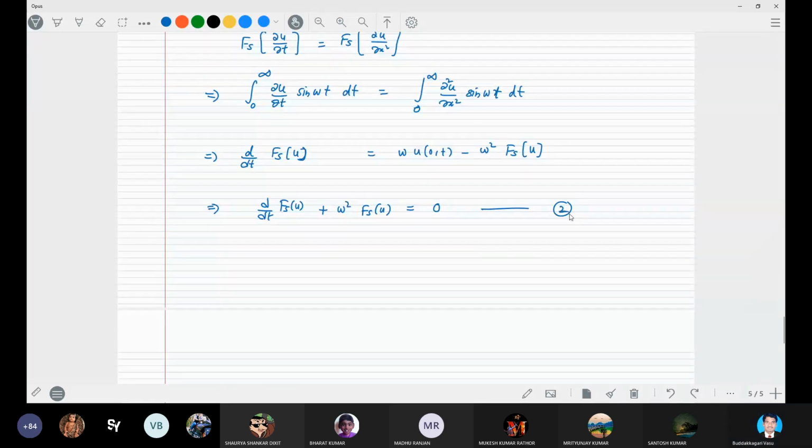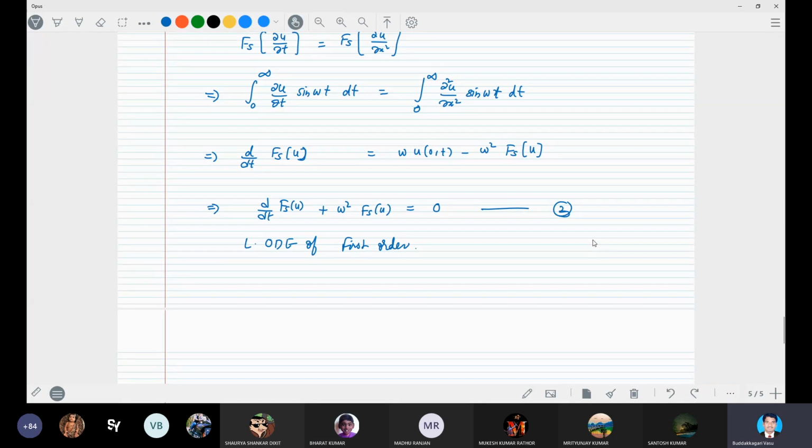What is this? Please tell me. This is a linear ordinary differential equation of first order, right?